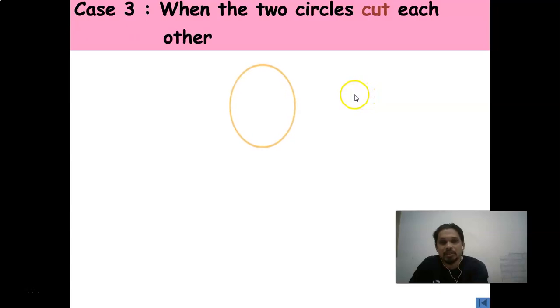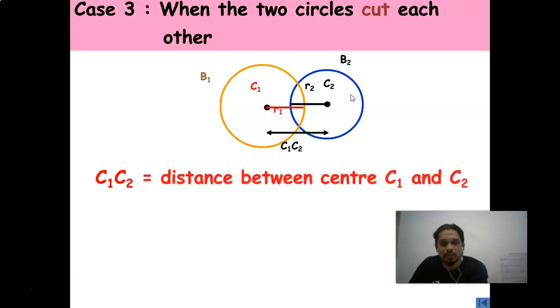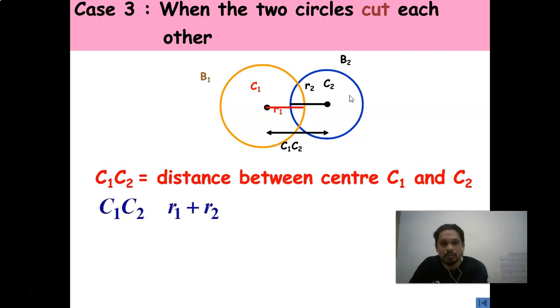So when the two circles cut each other, then C1 and C2, okay, the distance between C1 and C2 is equal to the distance between center 1 and center 2, which might be less than R1 plus R2.